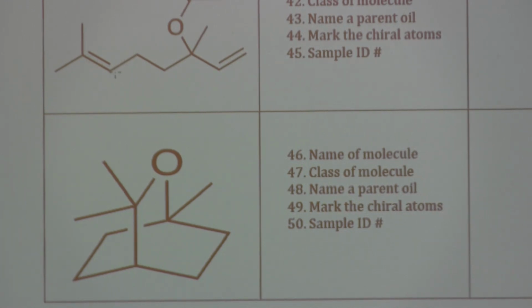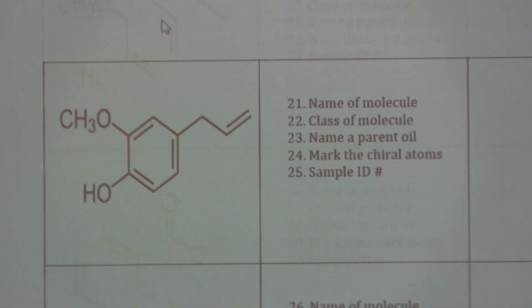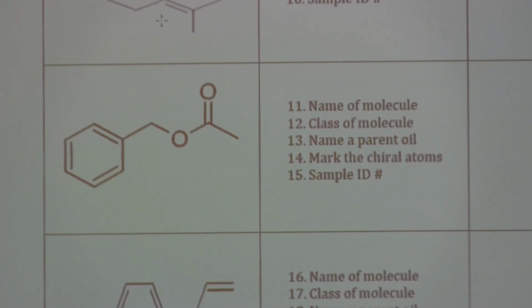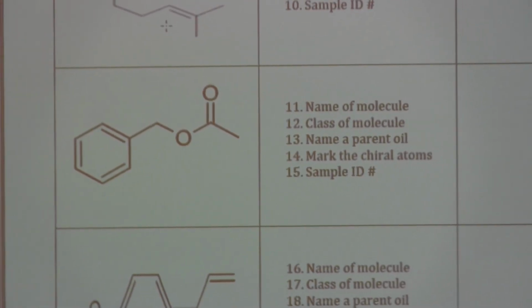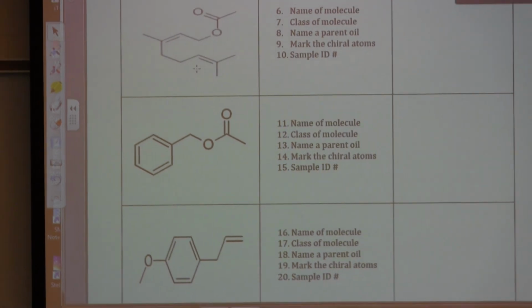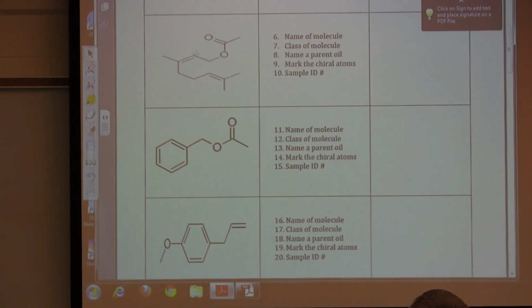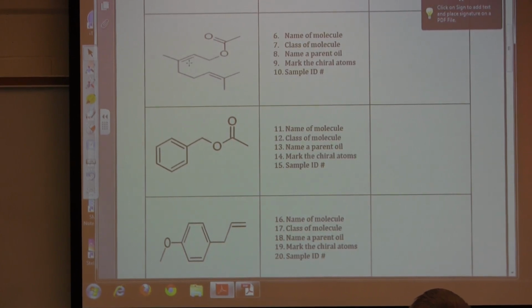You look at this bond and there's no possibility because you have the same on this end. Anything that's a neryl is going to have a corresponding geranyl component. So this is your neryl because the two big groups are on the same side of the double bond. So this is neryl acetate.